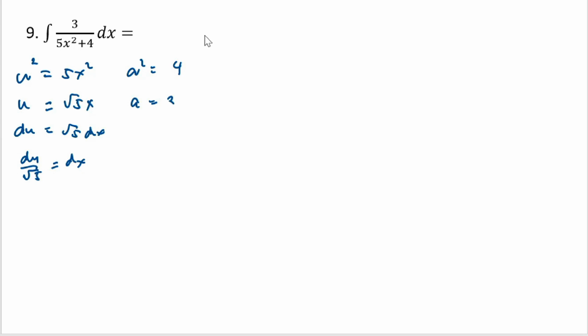So by rewriting now the given in terms of u and du, I can write it as 3 times the integral of du over the square root of 5, all over u squared plus a squared. So rewriting that again, we can now have 3 over the square root of 5 times the integral of du over u squared plus a squared.